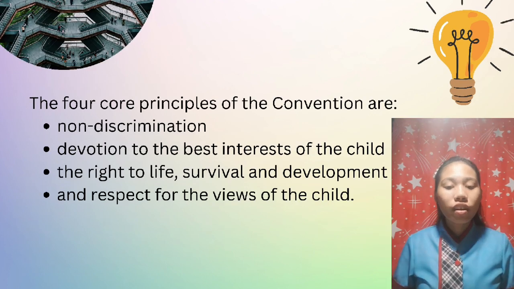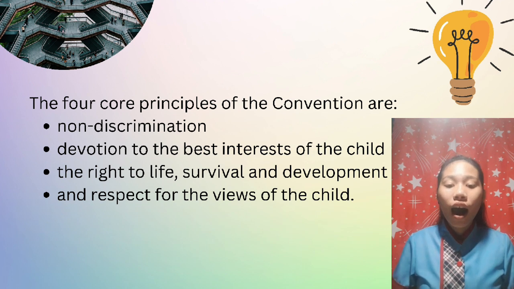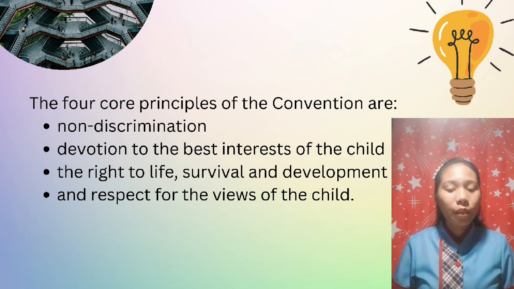The Convention on the Rights of the Child has core principles, and number 1 is non-discrimination. One general principle as identified by the Committee on the Rights of the Child is that all children should enjoy their rights and never be subjected to any discrimination.